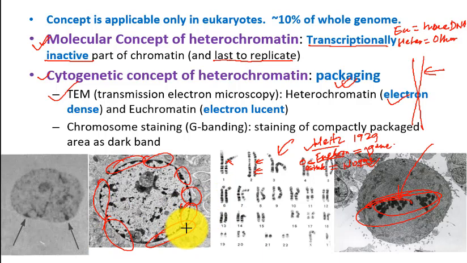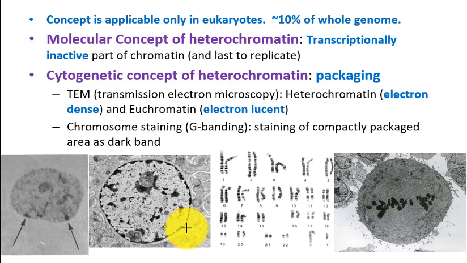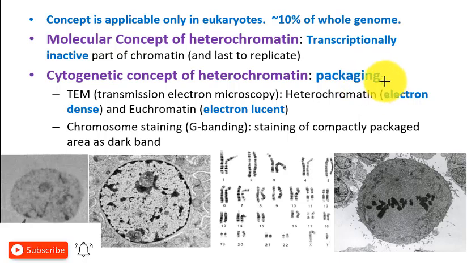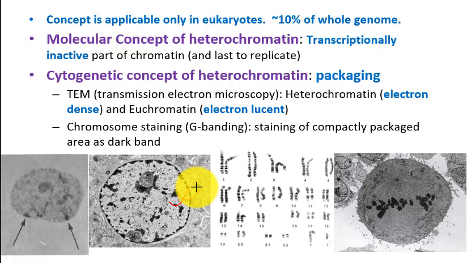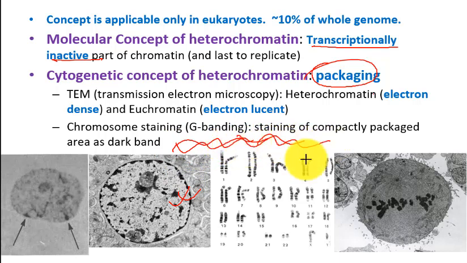Now what we conclude at last: transmission electron microscopy matches very well with the molecular concept, in interphase also. Any portion of DNA that is transcriptionally inactive has to be folded and packaged.